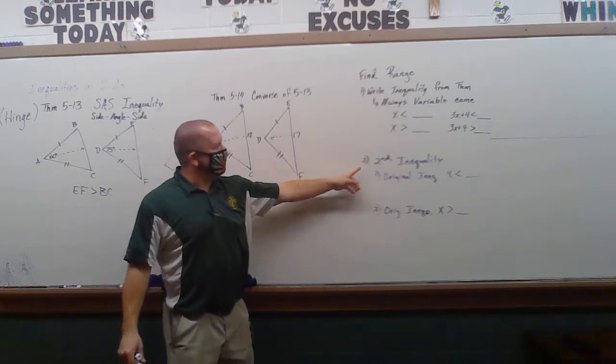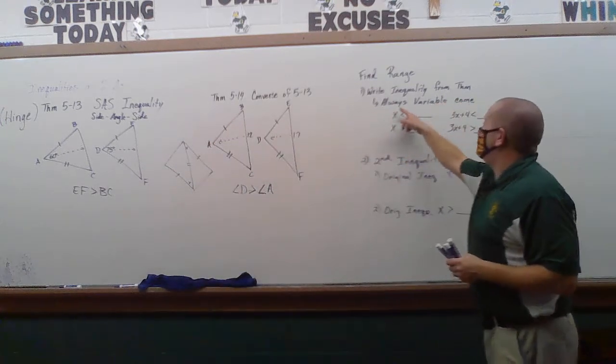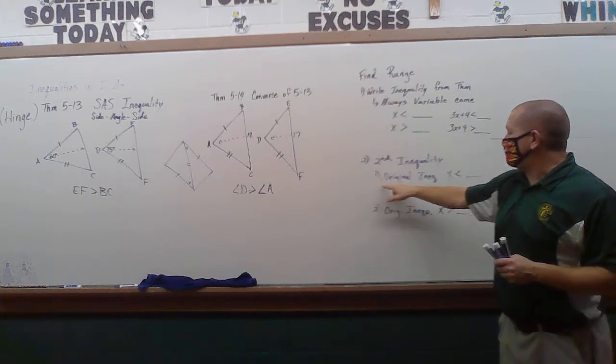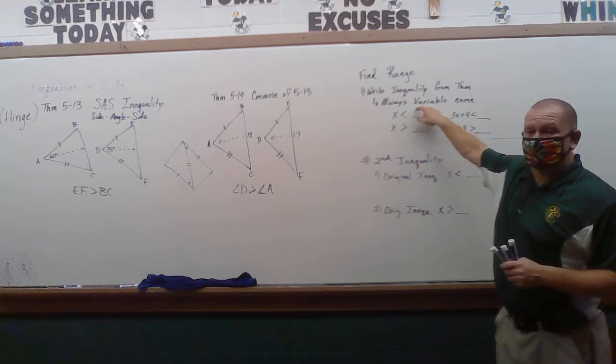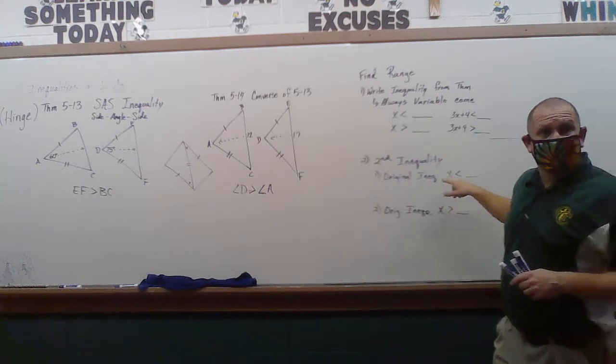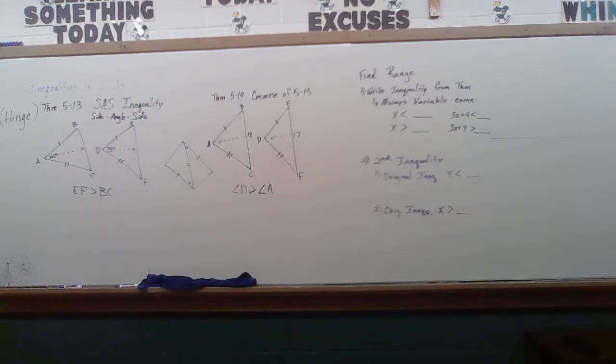The second inequality, I'm going to base off of what I wrote as my first inequality. So if the original inequality that we just made in number 1 is x is less than, if I think about all of the angles in a triangle, what do they have to all be less than? 180. But what do they all have to be greater than?